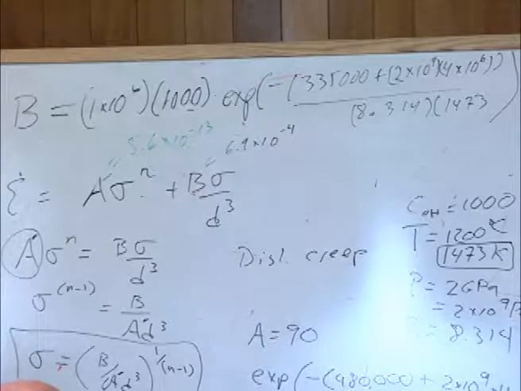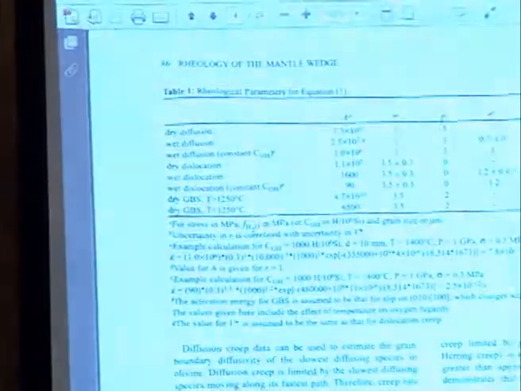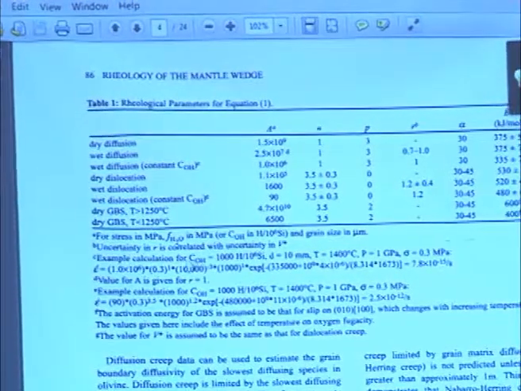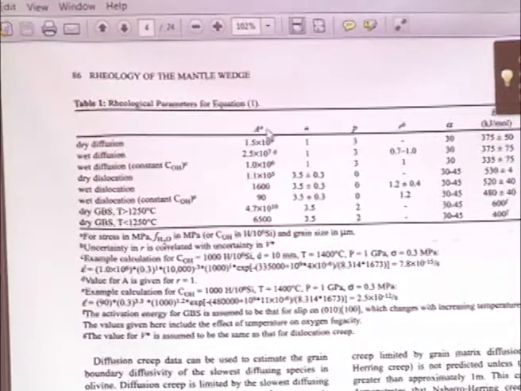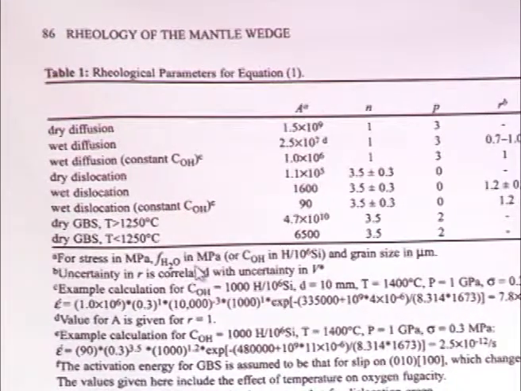So if you look in this table, do you see right here where it says wet dislocation creep or wet diffusion creep, the subscript C? Come down here, and it says, in this footnote, this is for stress in MPa, water fugacity in MPa.